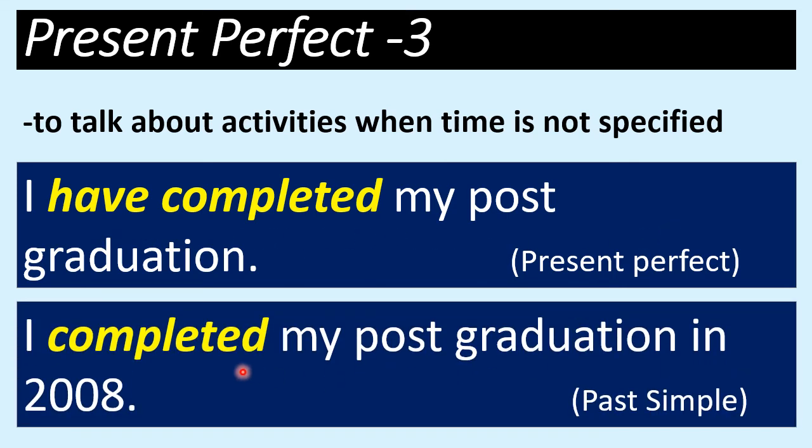Look at the sentences below. I completed my post-graduation in 2008. This sentence has a time. It's a past event and I have mentioned a time, 2008. So I have used past simple here, I mean V2.